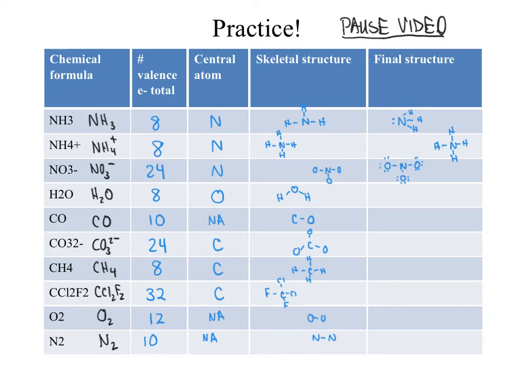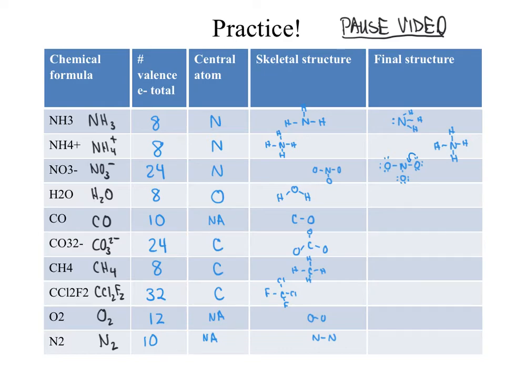Now I have all of the electrons that I need in my structure, but if I look at my nitrogen, I only have 6 electrons around my nitrogen, so I'm going to want to take a pair of electrons and make a double bond so that my nitrogen has a full 8 electrons around it.